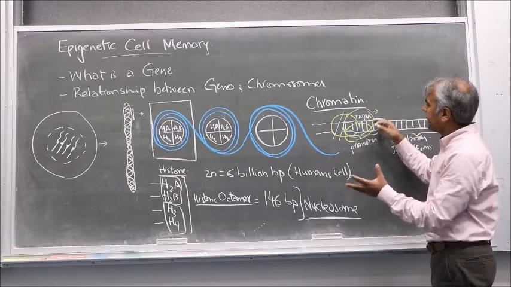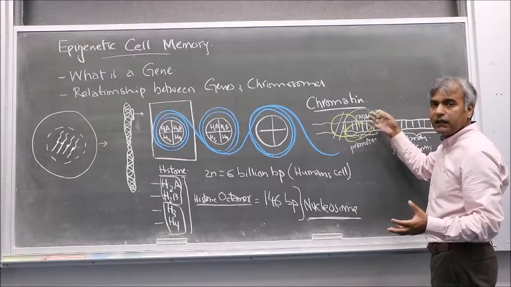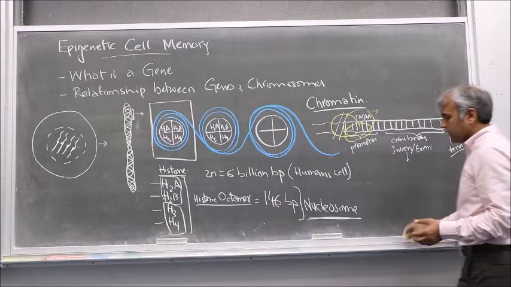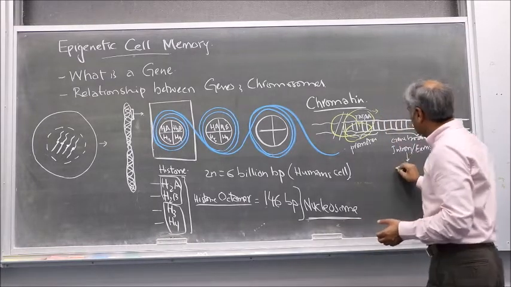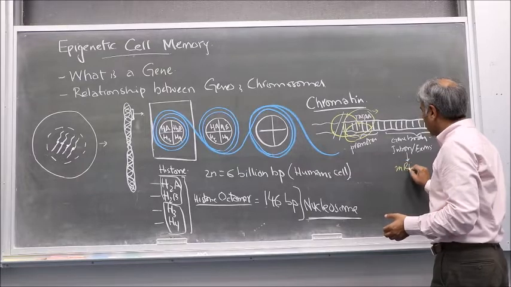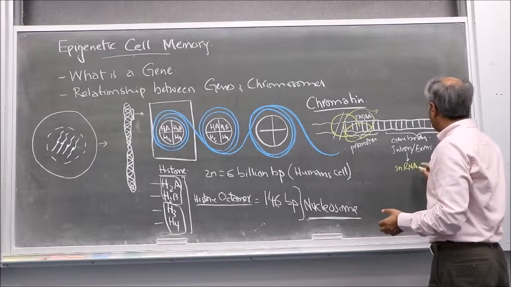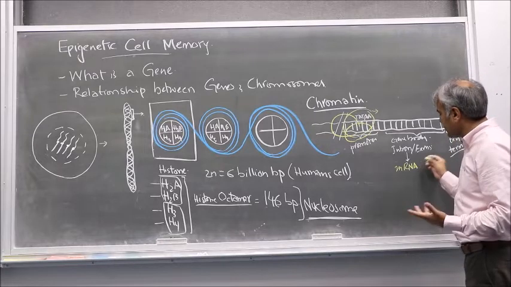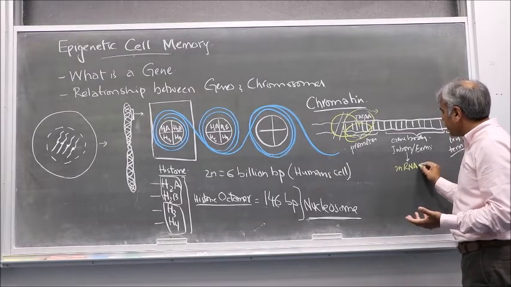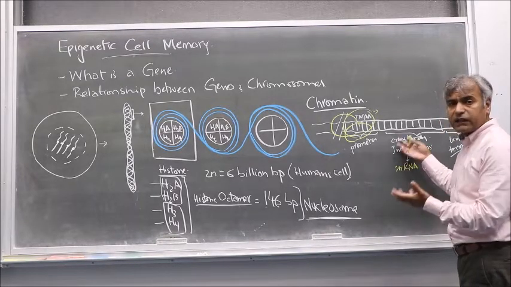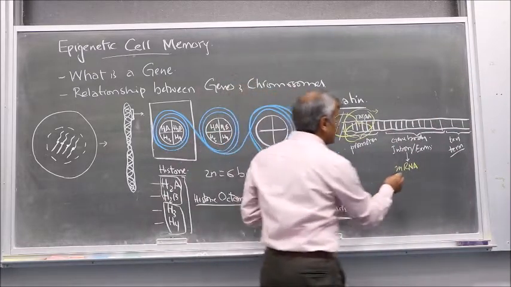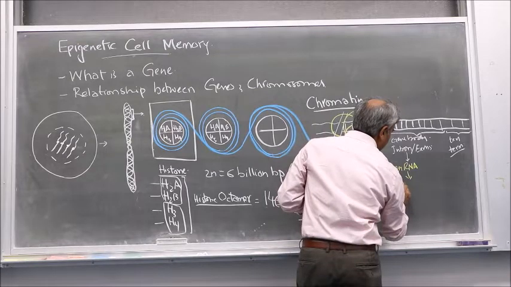Once it recognizes it, it initiates transcription and slides through the gene body, and you have synthesis of messenger RNA. After synthesis of messenger RNA is complete, it of course undergoes RNA splicing, the processing of RNA, and eventually you have a protein.